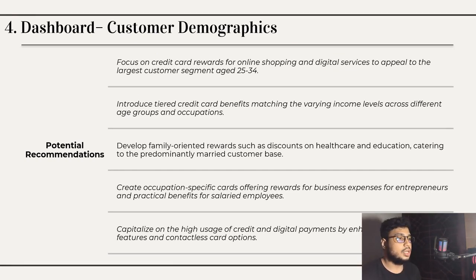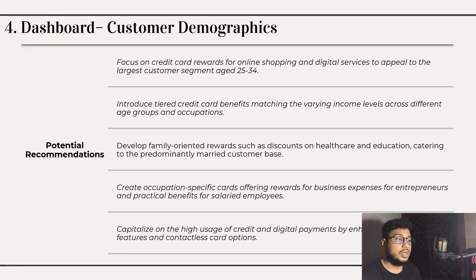The first one is to focus on credit card rewards for online shopping and digital services to appeal to the largest customer segment aged 25 to 34 years old. We can introduce tiered credit cards with different eye-catching benefits for different income levels across age groups and occupations.